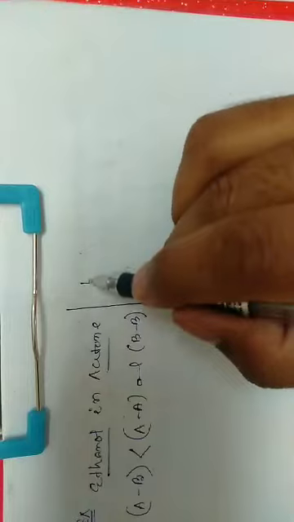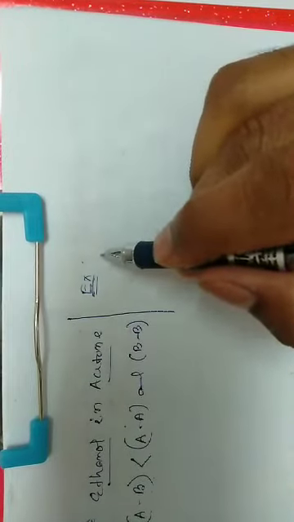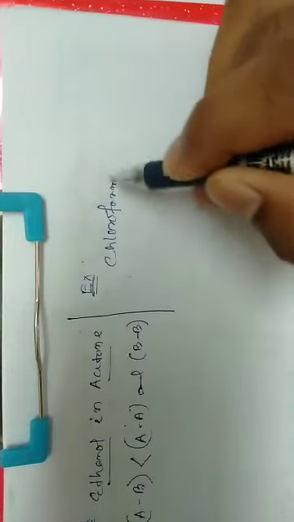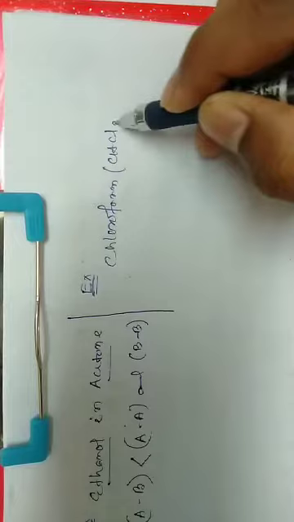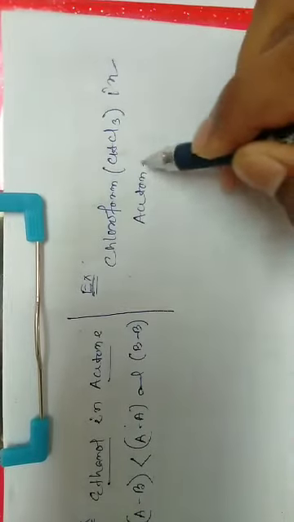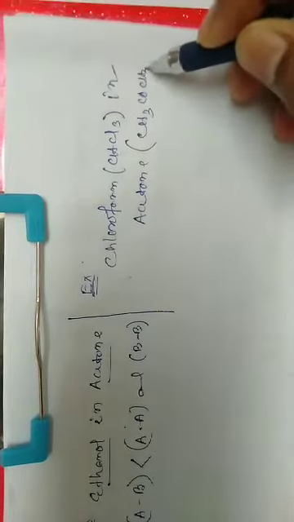And an example of a solution having negative deviation from Raoult's law is chloroform, whose molecular formula is CHCl3, in acetone, whose molecular formula is CH3COCH3.